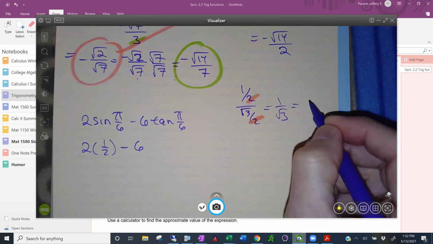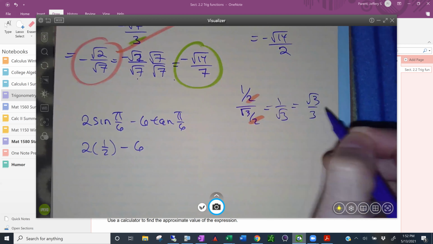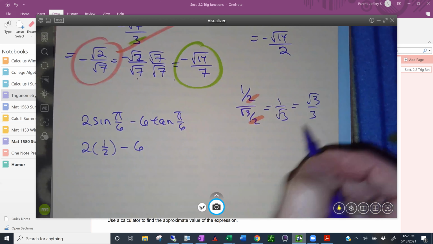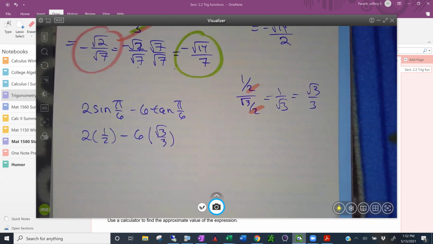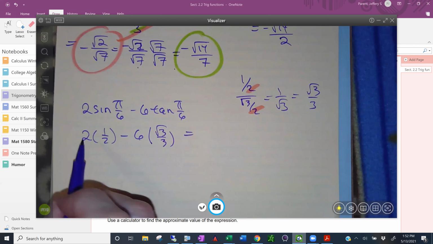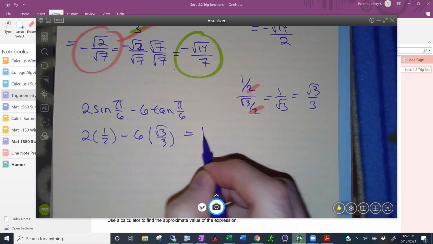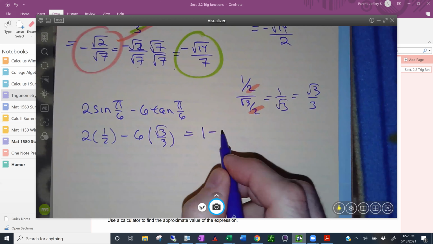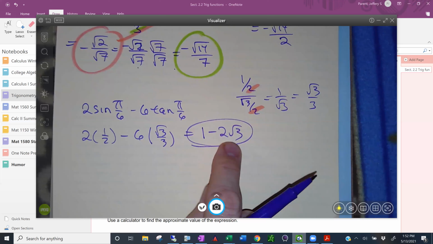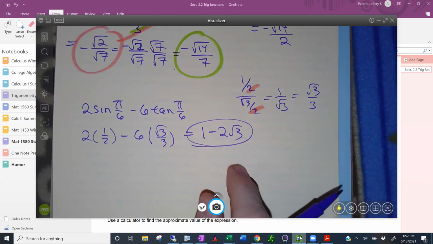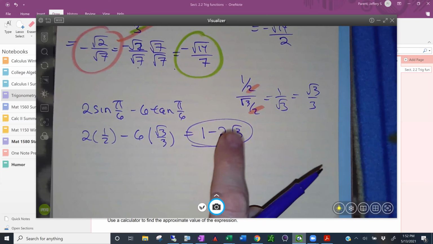And then if you rationalize it, you'll end up with square root of 3 over 3. Cleaning things up, those cancel, give me a 1. Those cancel, give me a 2. I imagine they're looking for an exact answer in a problem like this. So be careful. Unless it says round your answer to something, it's looking for an exact answer.